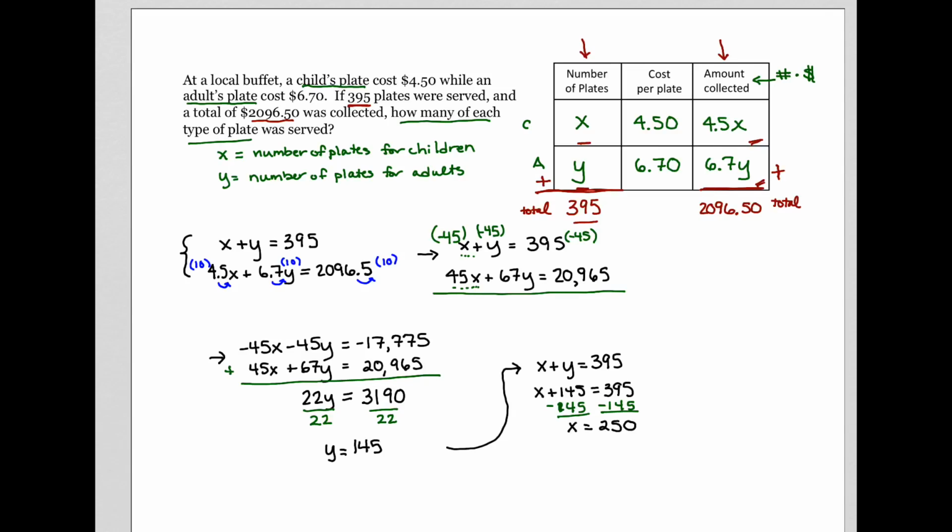Going back, we had labeled our variables x and y at the beginning, and so now we can use those to state our conclusion. x is 250.